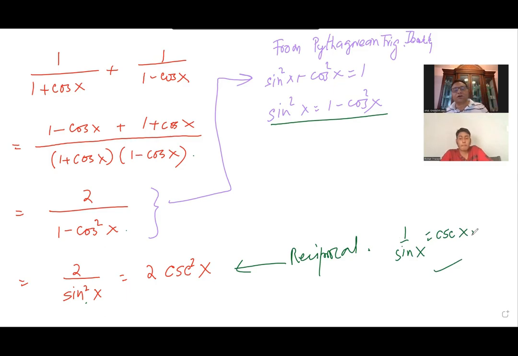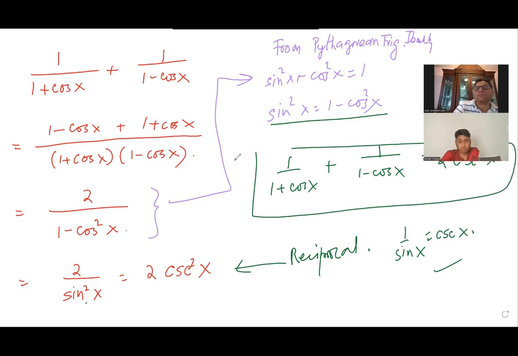That is how we showed this. So if you have a question, which is 1 over 1 plus cos x plus 1 over 1 minus cos x equals 2 cosecant square x, this is an identity, correct?